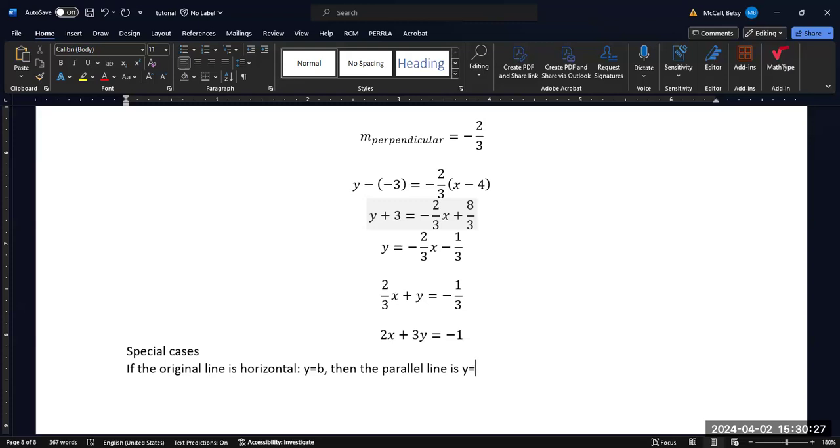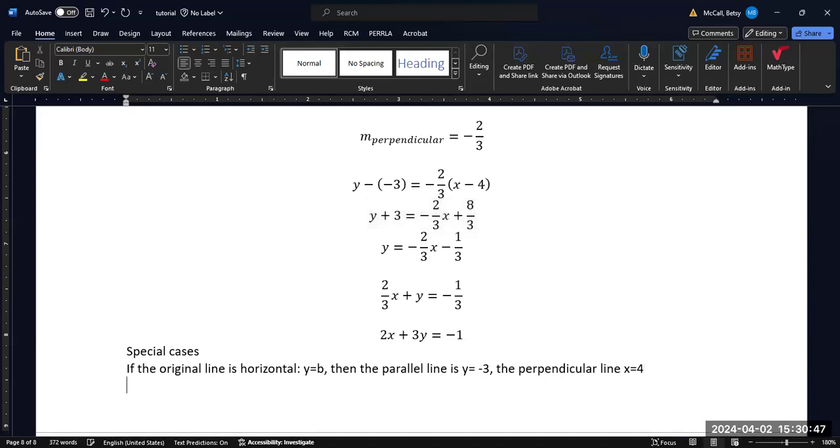So in our case, that would be y equals negative 3, to go through the point (4, -3). The perpendicular line would be x equals whatever the x coordinate is, which in our case would be 4.